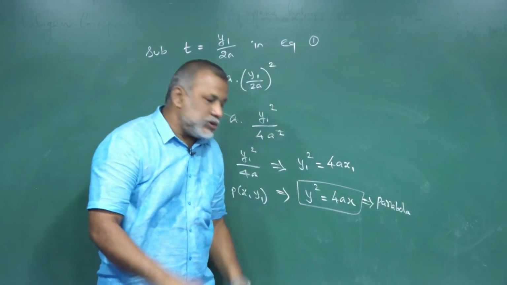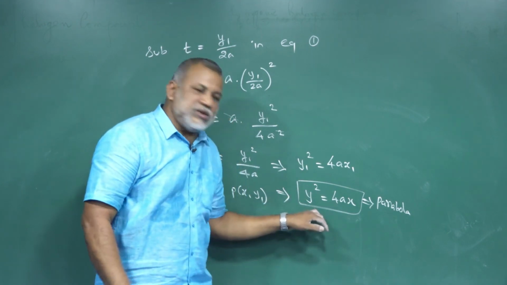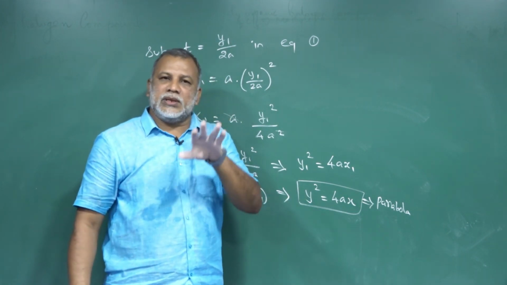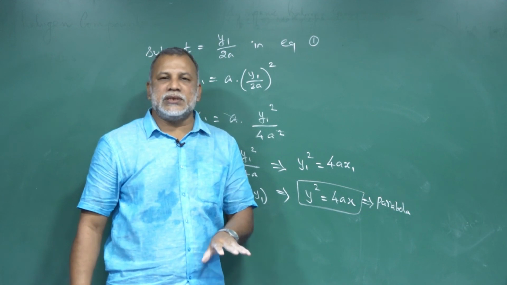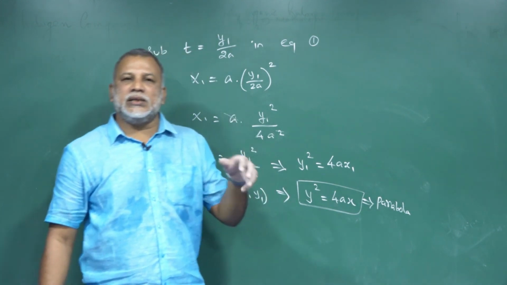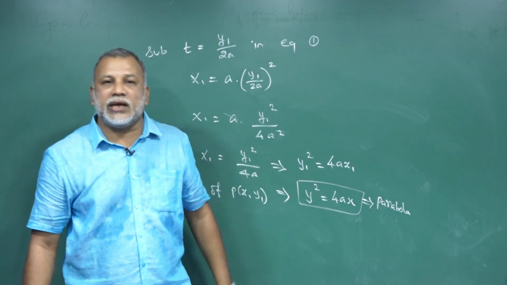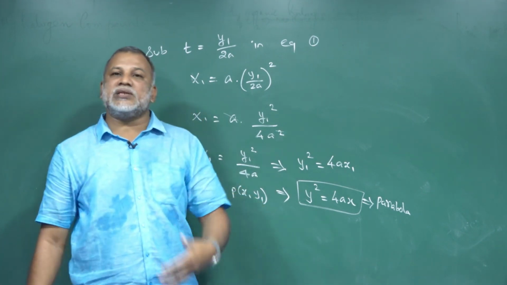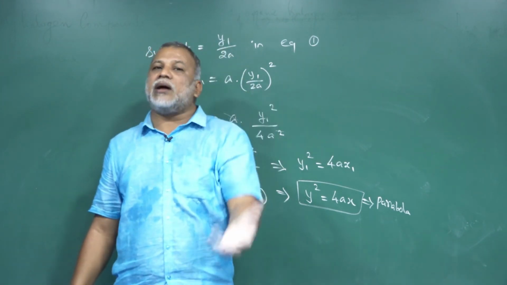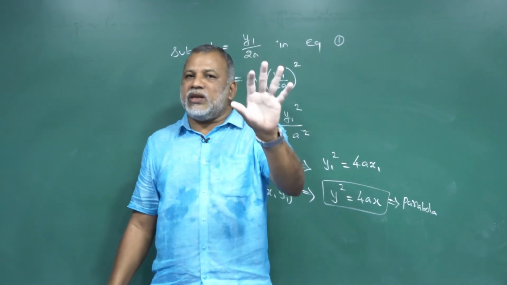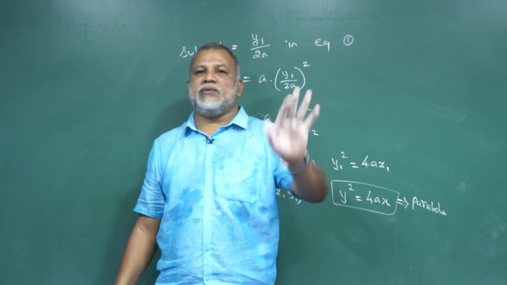So dear students, today we observed the equation of the parabola, circle, ellipse, hyperbola and the equation of the rectangular hyperbola. All these equations are derived with the help of parametric equations.